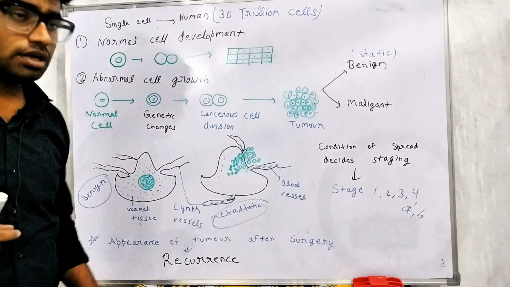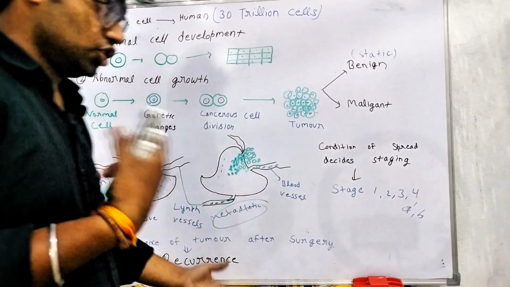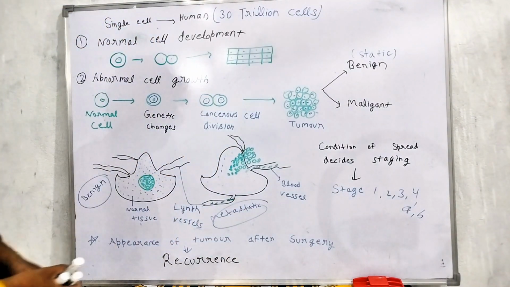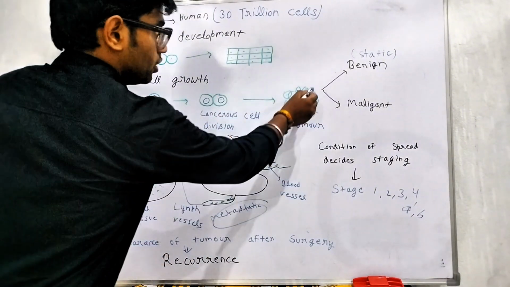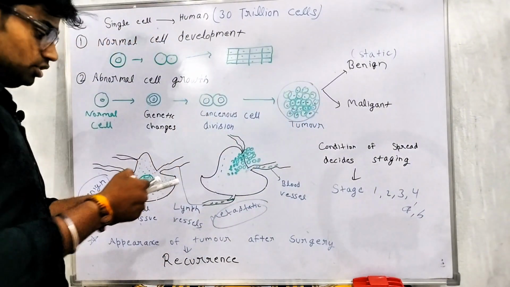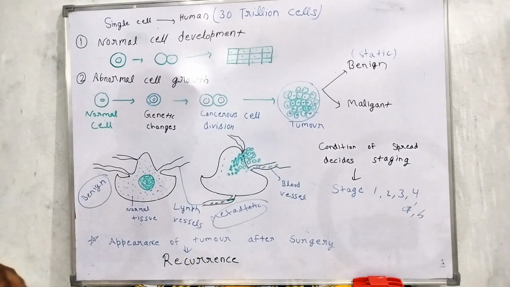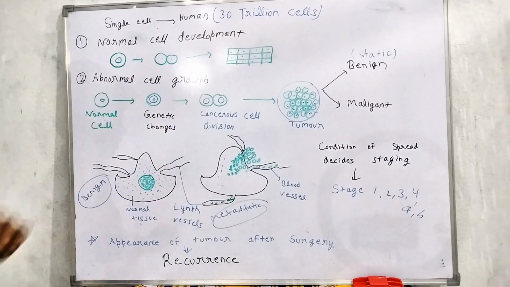Now if you have a tumor, then the doctor will proceed with surgery, obviously. During surgery, the doctor will remove the tumor. He or she will cut the tumor from the part, and now you are cancer free.